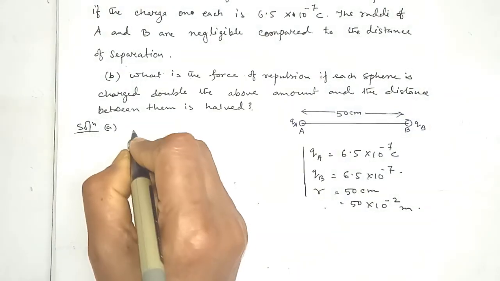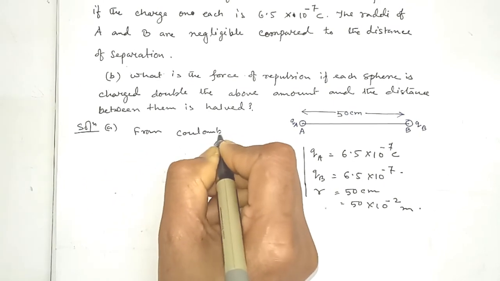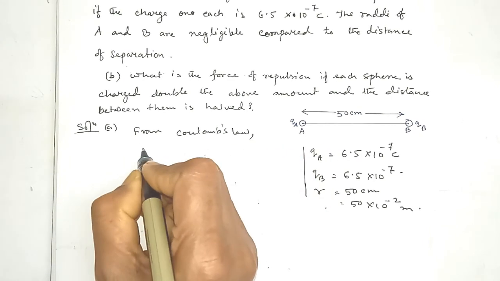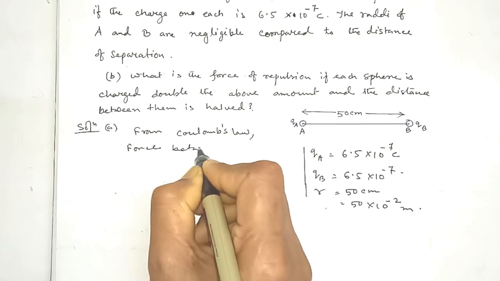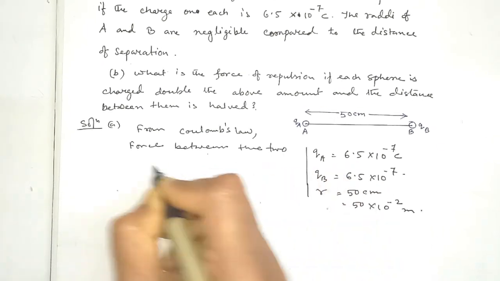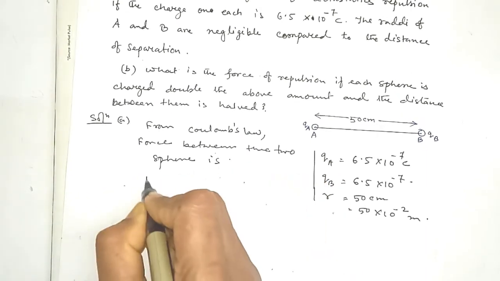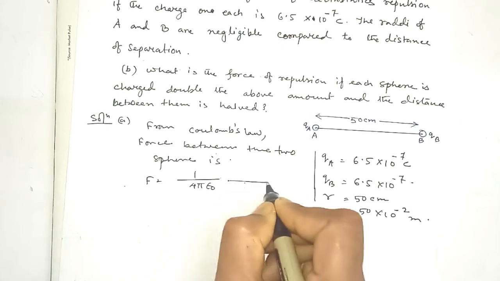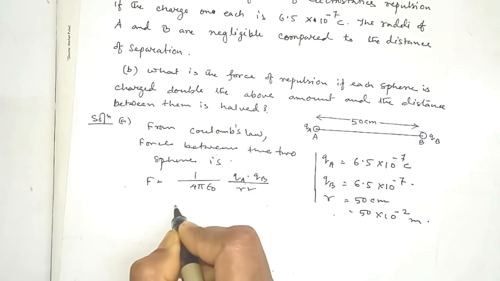Now from Coulomb's law, the force between the two spheres is F equal to 1 by 4 pi epsilon naught into QA into QB by R square.